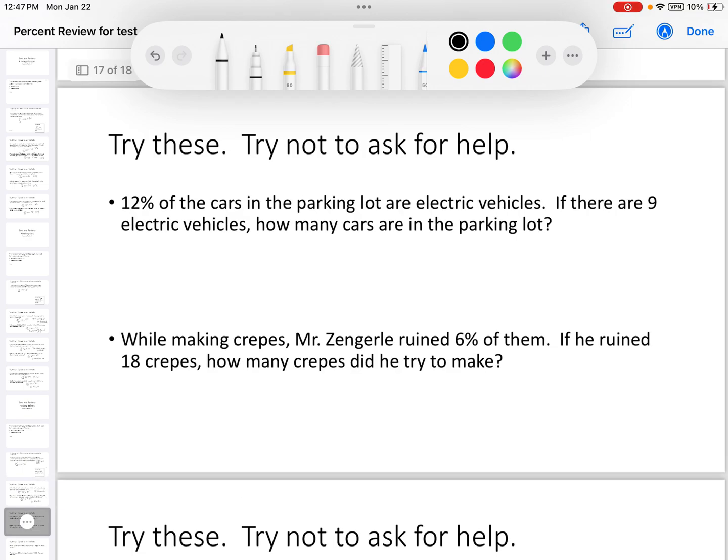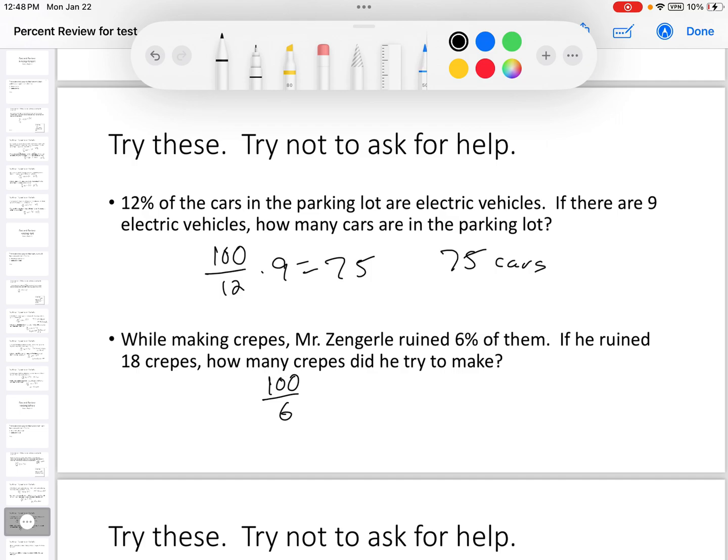Okay, next page. 12%, 100 over 12 times 9. 100 divided by 12 times 9 is 75. 75 cars in the whole parking lot.